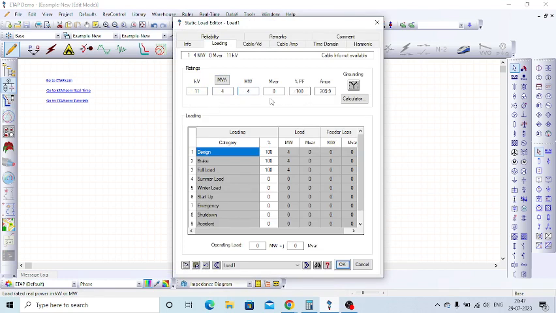We have to enter the power rating in MVA and the power factor. Power factor we normally use as a per unit value, but in ETAP we have to enter it in percentage. They mentioned the percentage symbol so that you can easily understand it. So it is at unity power factor.